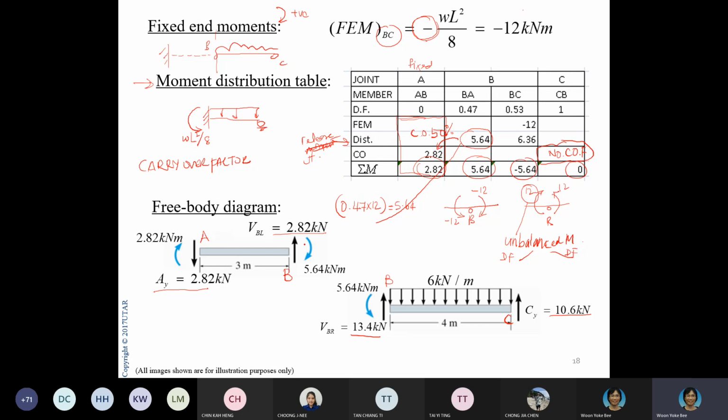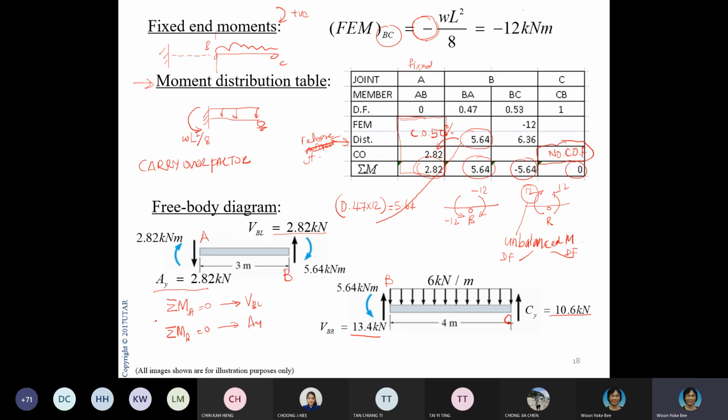Then next, you take member by member. Member AB, calculate AY, calculate the shear on the left of B. You just have to use your summation of moment about joint A equal to 0, then you should be able to get your B left. You take summation of M about B equal to 0, you should get your AY.